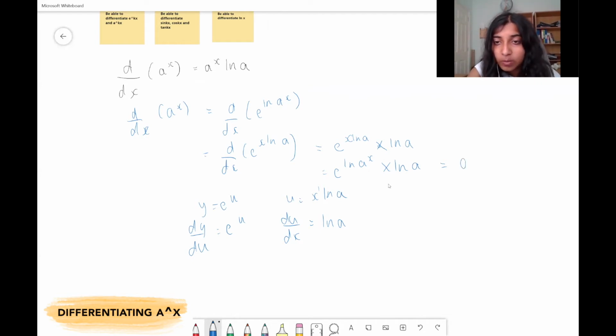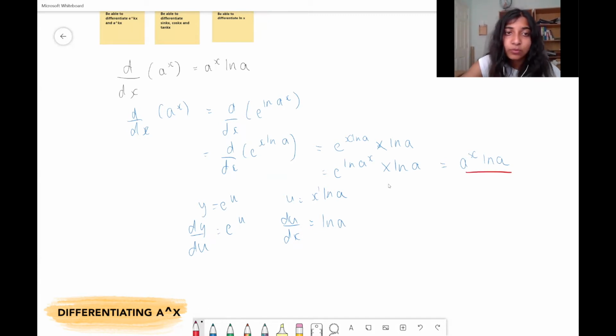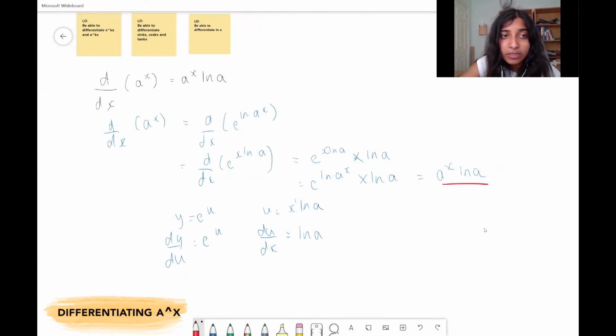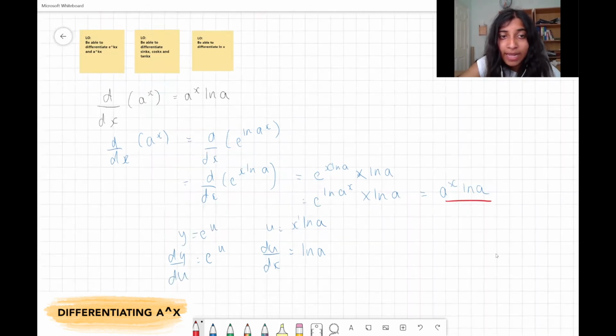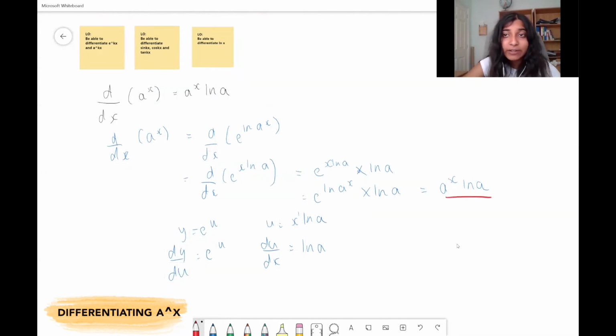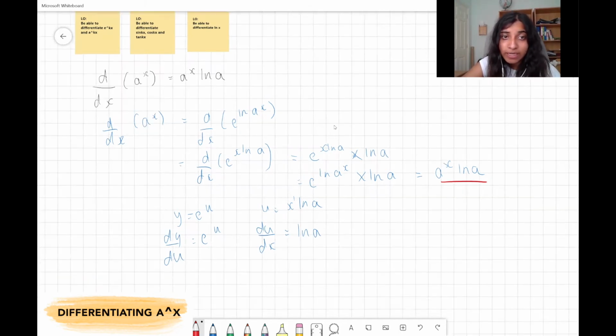So that is equal to a to the power of x times ln a, and that's your derivative. That's all you really need to know about a to the power of x. You don't necessarily need the proof unless you're asked for it, but just remember this formula: the derivative is equal to a to the power of x times ln a.